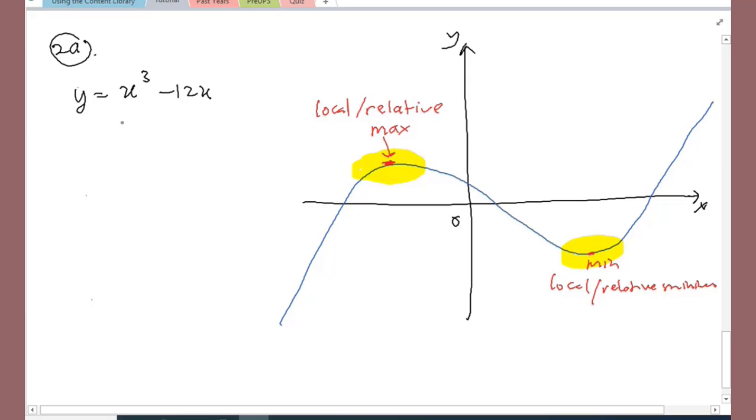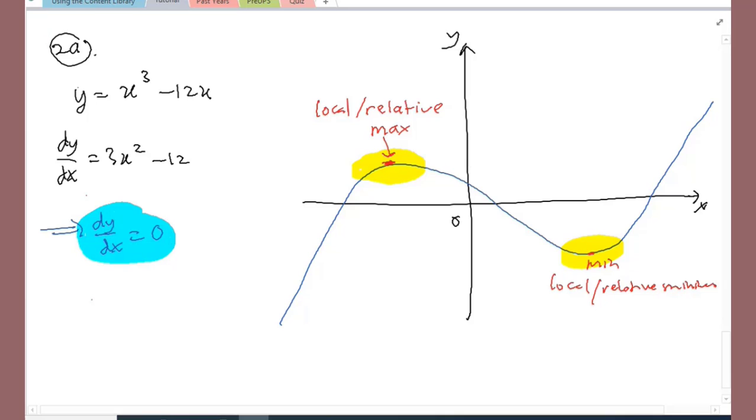So now we're going to find the extreme points, minimum or maximum, using the first derivative. Differentiate. Maximum or minimum means that dy/dx is equal to 0.